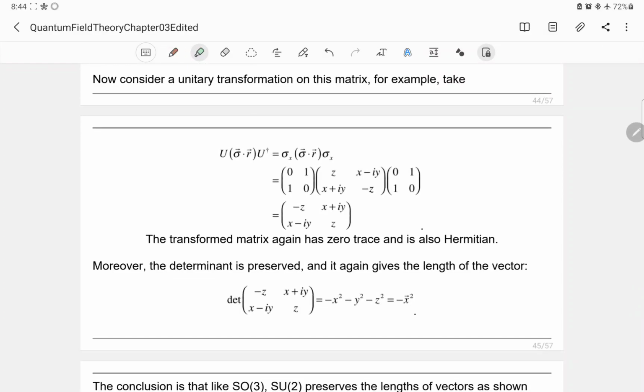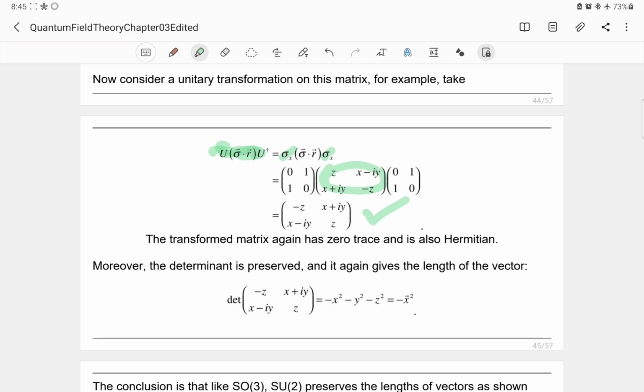Now consider a unitary transformation of this matrix. For example, we take this transformation, and we choose U as your sigma x, and this one is just your sigma dot R here. If you do the operation, you will get this matrix, and this matrix is traceless and is also Hermitian.